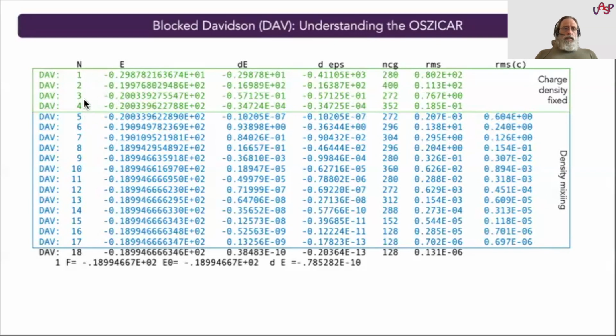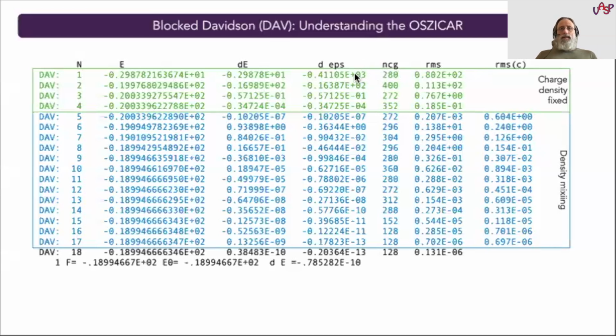And for the first 4 steps, the charge density is kept fixed at the overlapping atomic charge density, and only the orbitals are optimized a few times. We do this because, starting from random numbers, if you would start mixing the charge density immediately after the orbitals have been partially optimized away from random numbers, then you would spoil the charge density.